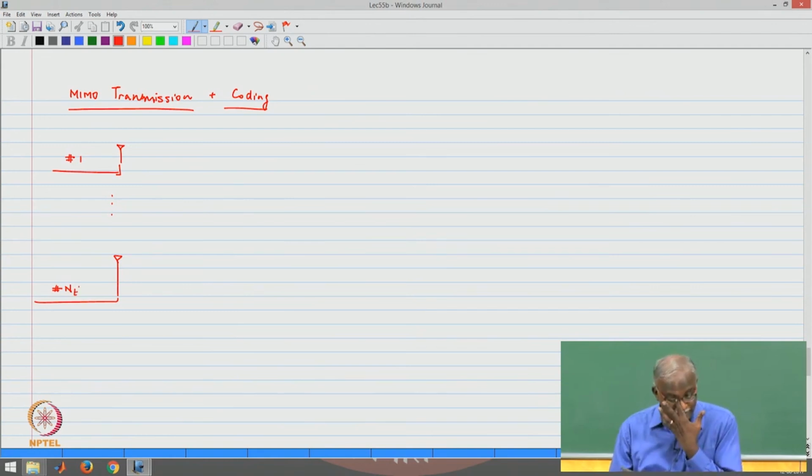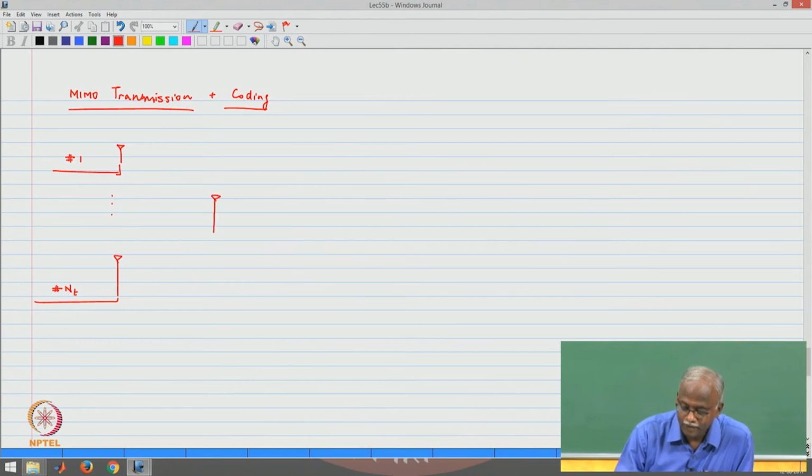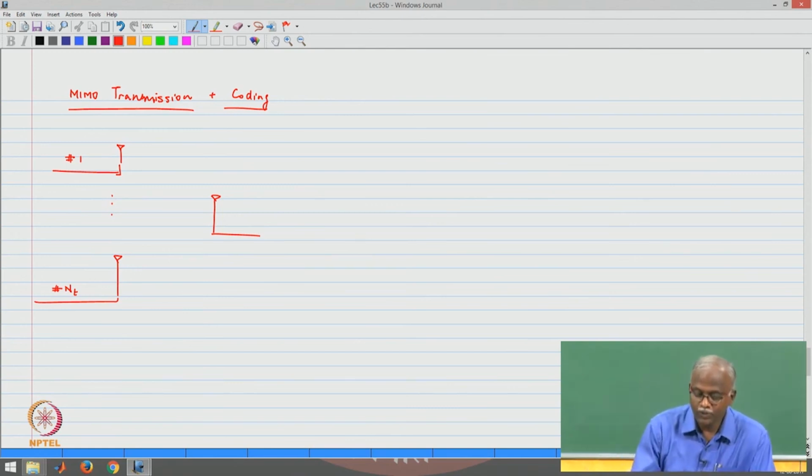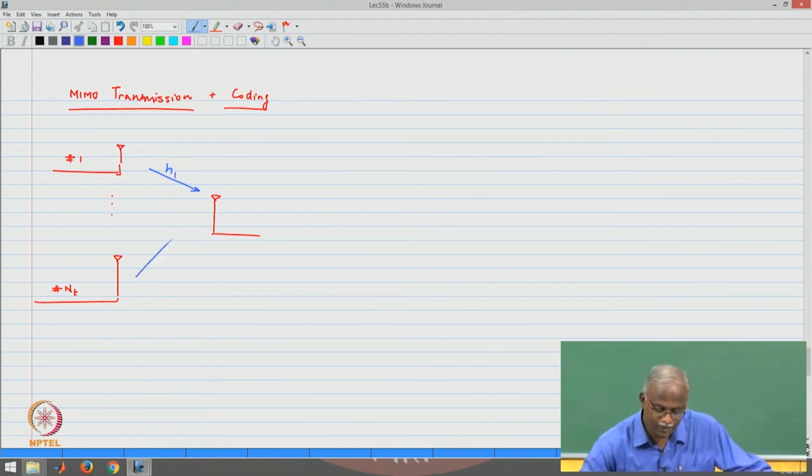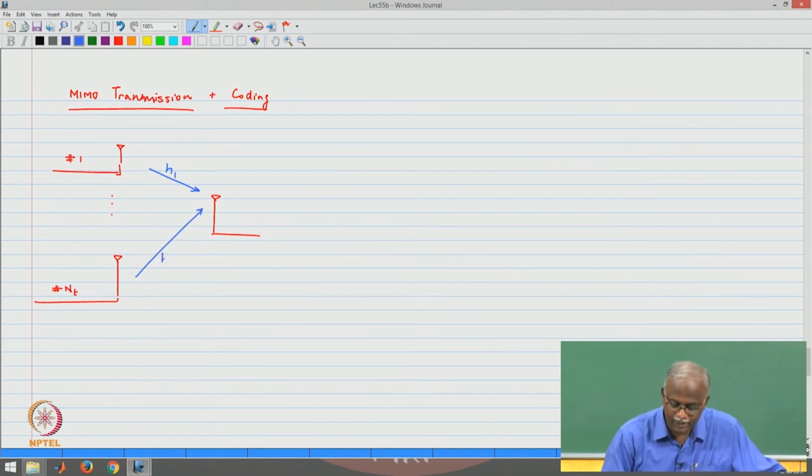And let us assume that we are having only one receive antenna, just for simplification of the notation. So, the first receive antenna, and this will tell us that the channels, now I can write it in terms of just one index. This is channel H1, and each of these antennas will give me a channel, and this is channel HNT.